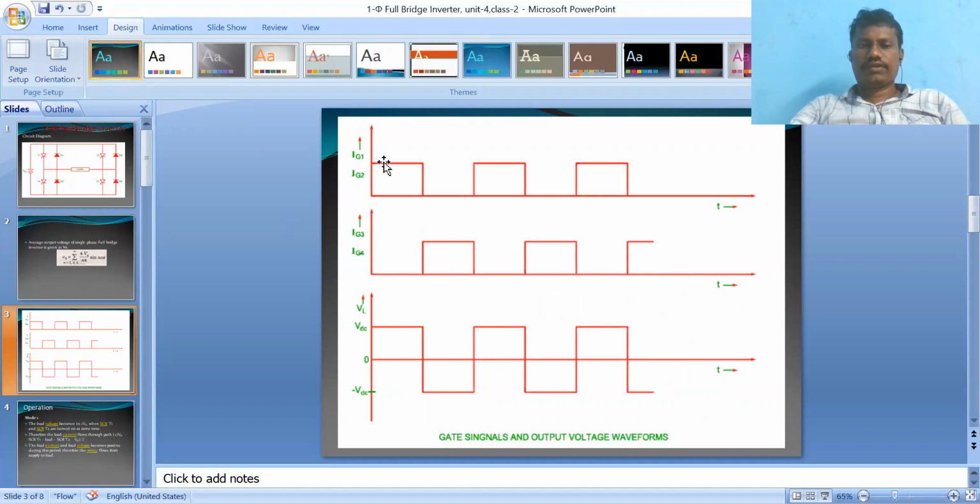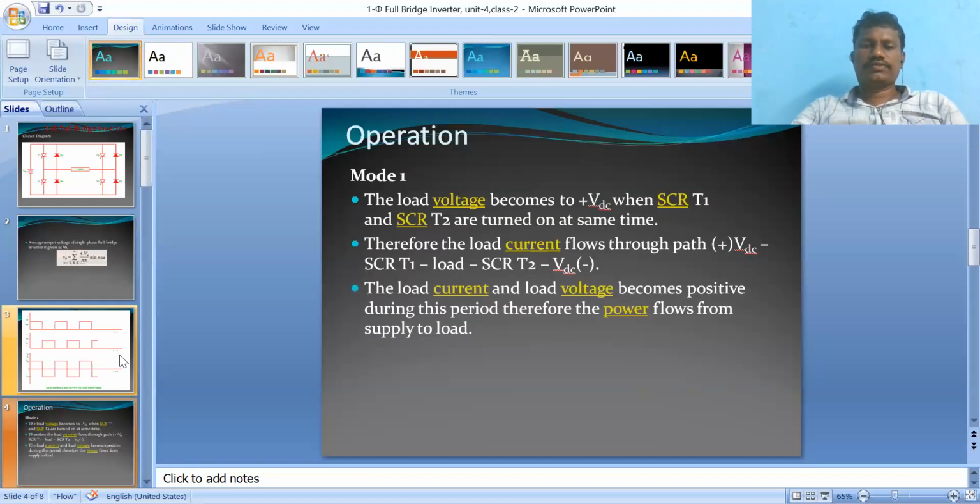Why we give Ig1, Ig2: when the output voltage is positive, two devices, T1 and T2, are triggered. That's why I have taken two gate currents Ig1, Ig2, and similarly Ig3 and Ig4. So in the operation of the single phase full bridge inverter, there are four modes. Let us take the first mode.